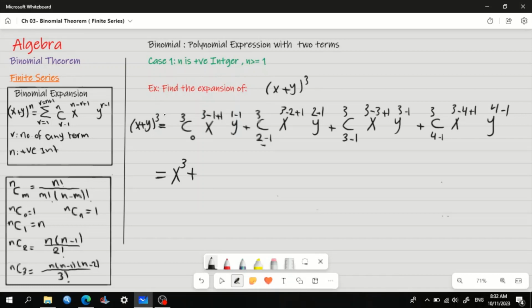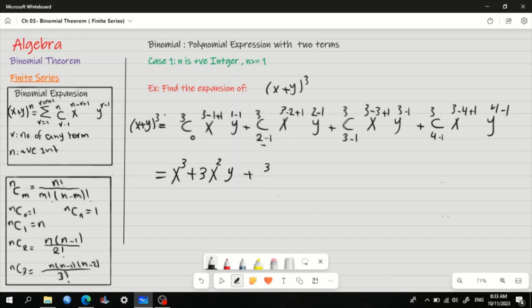This will be 3, since n combination 1 is equal to n, and x to the power 3 minus 2 plus 1, this is equal to 2, and y to the power 1, plus 3 combination 3 minus 1.